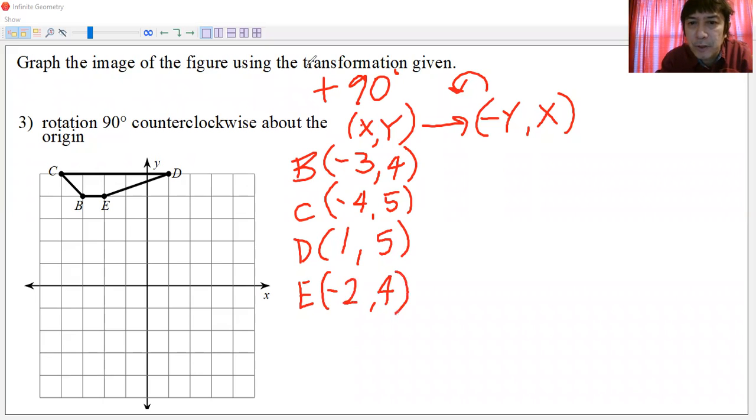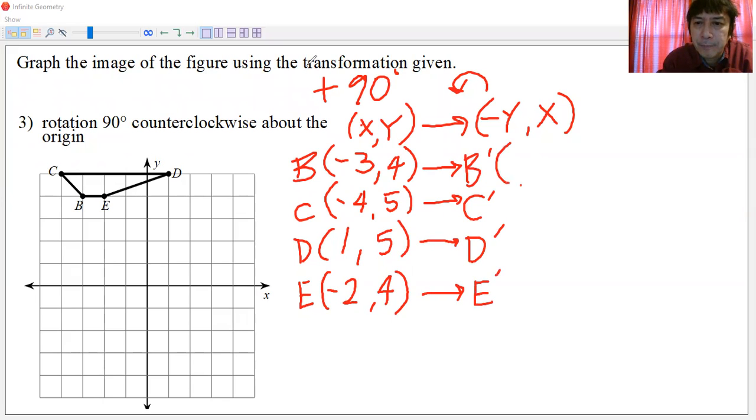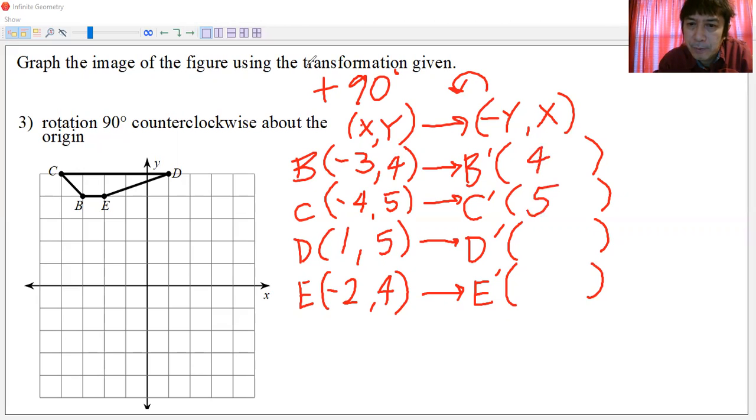We're now going to determine the points for the image, and these are as follows: B prime, C prime, D prime, and E prime. Now we're going to follow the rule. All Y values will occupy the X. So the Y values from the pre-image will be 4, 5, 5, and 4.